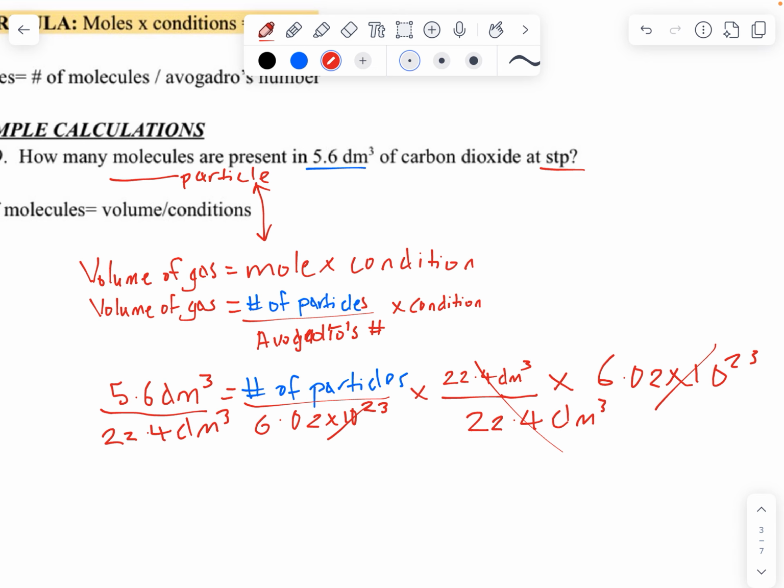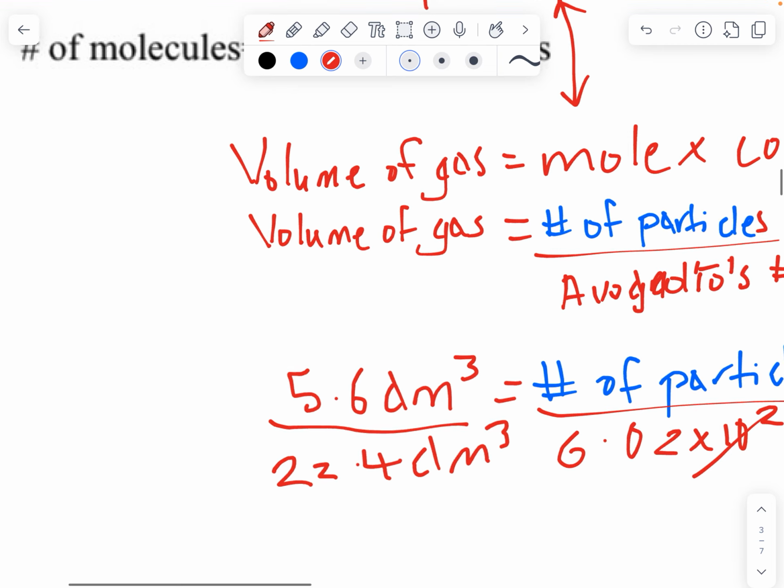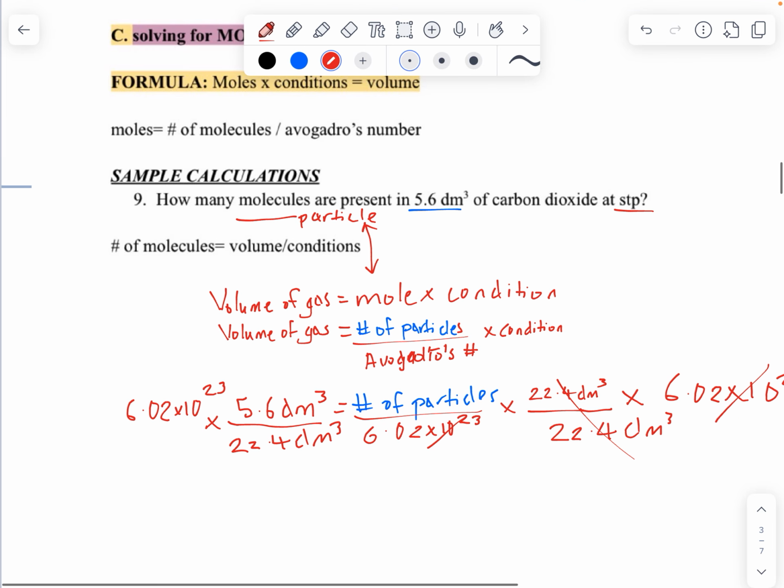But whatever we do to one side, we have to do to the other side. So since we multiplied here, we multiply on our left-hand side, times 6.02 times 10 to the 23rd. And now we can solve for the number of particles of our gas.